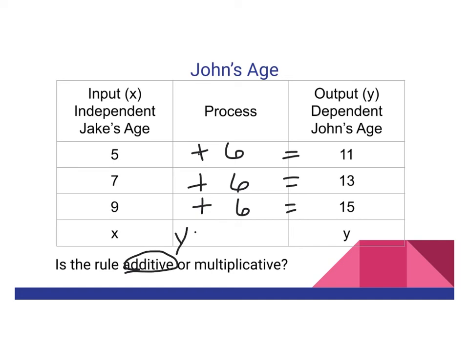Y is equal to, now we're going to make it into a generic equation, which means that we could plug in any number, so we could input any number and it gives me the output. So Y is equal to X plus 6. And that is it for this table. So make sure that you are putting this information into your table to get credit for this problem.